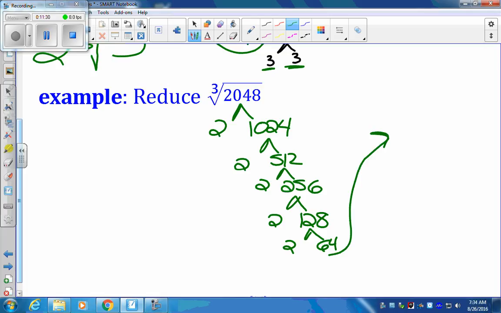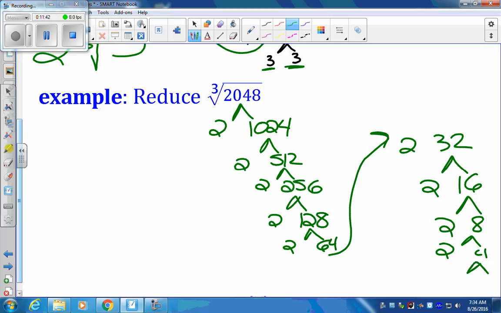I'm going to move over here. 2 and 32, 2 and 16. This one's got a lot of 2s, huh? 2 and 8, 2 and 4, 2 and 2. All right, so let's cross off.